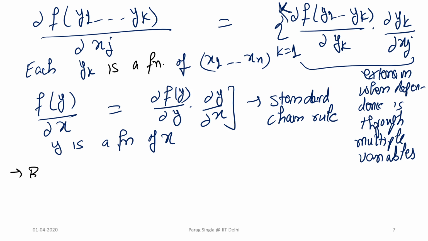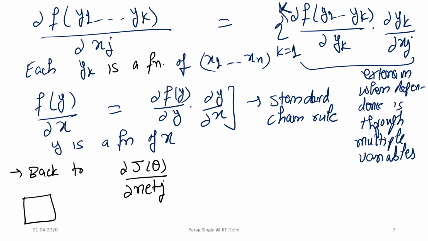So now back to computing the partial derivative of J theta over the partial derivative of net j. Remember the picture again. This is unit j, and it is followed by units of the form unit l, which are units in the immediately following or downstream layer, and they propagate the influence to J theta.